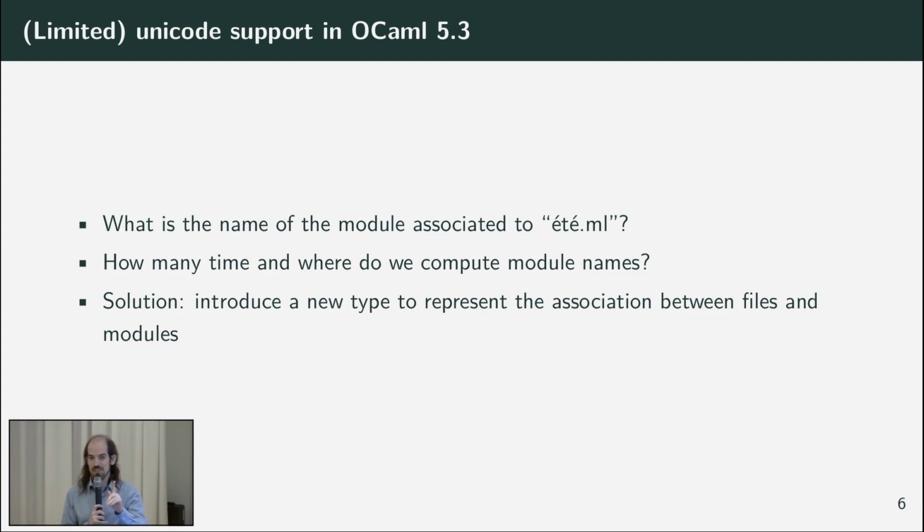And more importantly, how do we make sure that we make the same choice everywhere in the compiler? Well, the answer is to create a new type that describes how we pair files with module names and be certain that we are doing this computation exactly once for every file.